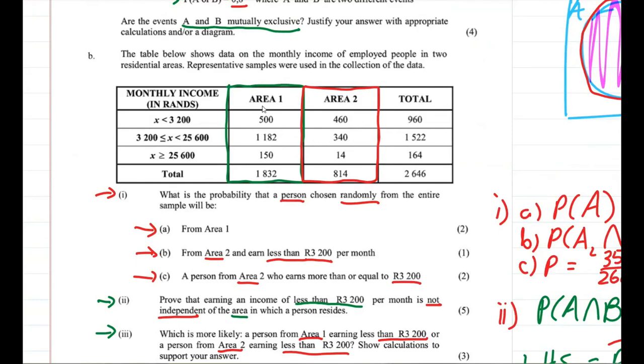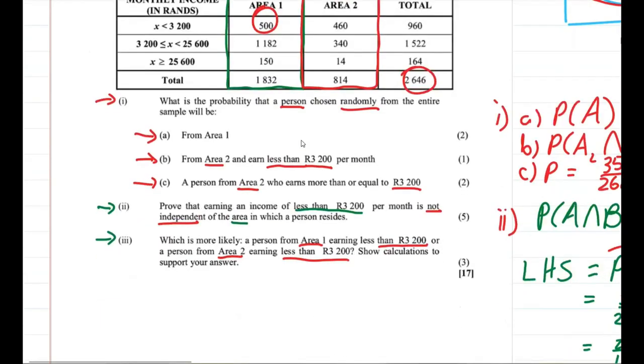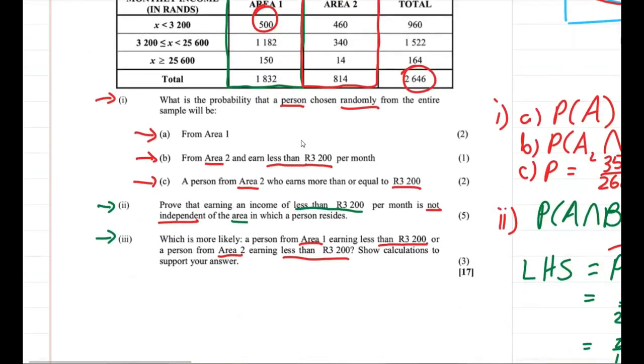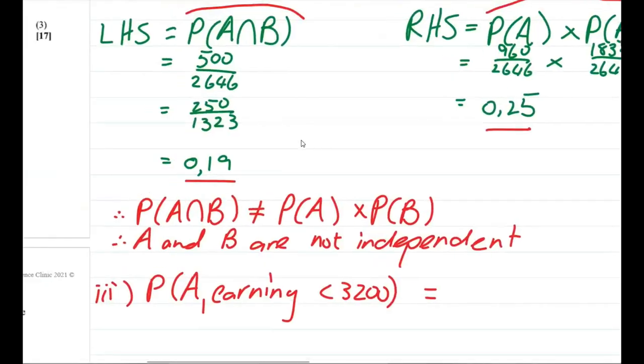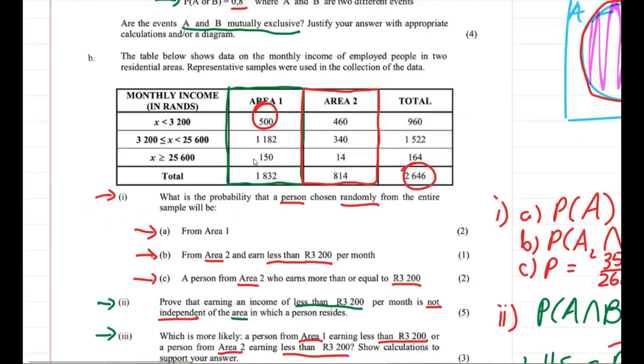So would it be the 500 over the 2,600? Watch out now. This is if all the people are in front of you. But only the people from area 1 are in front. So that's 500 over what? Is it the 960? Oh, no, watch out.